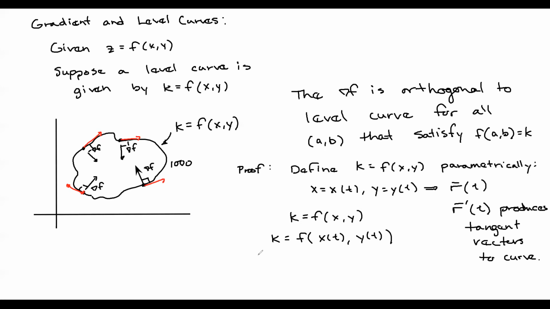Okay, the next thing you do is differentiate with respect to t on both sides. The derivative of k is just a constant, so we get 0. On the right side, if we're differentiating a function defined in terms of two components, and each of those components is defined in terms of a third variable, then there's our chain rule derivative. Again, second time in one video. So f is defined in terms of x and y, which are defined in terms of t.